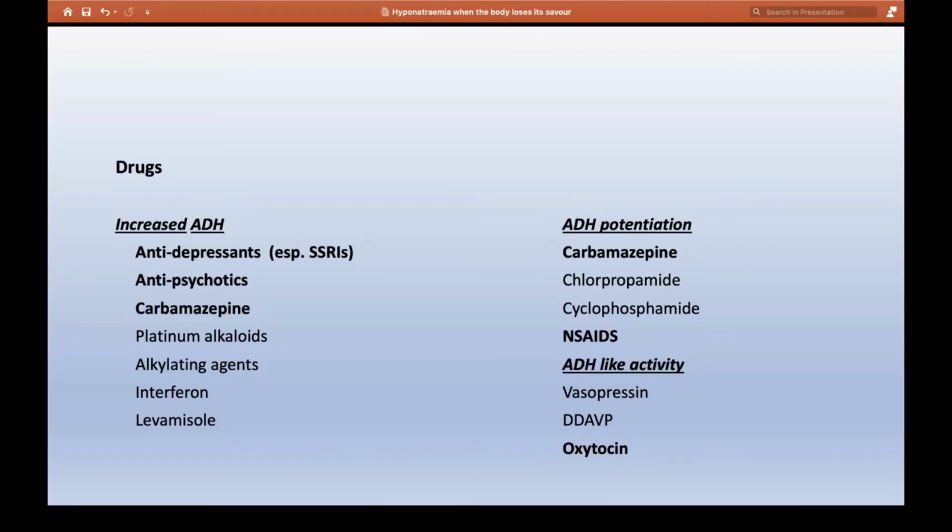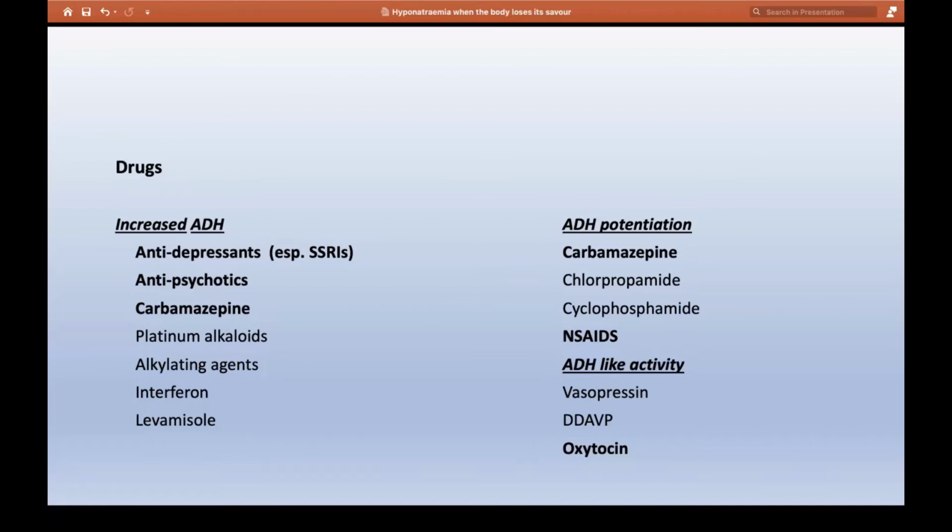Certain cancer drugs like platinum and alkylating agents can also give rise to SIADH. ADH effect can be potentiated even by carbamazepine or other anti-epileptic drugs, and mind you, NSAIDs. And ADH-like activity occurs because of things like oxytocin, vasopressin and DDAVP.